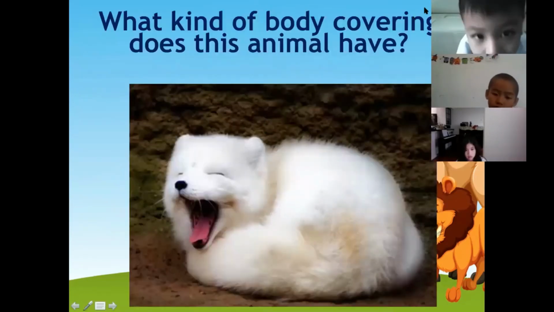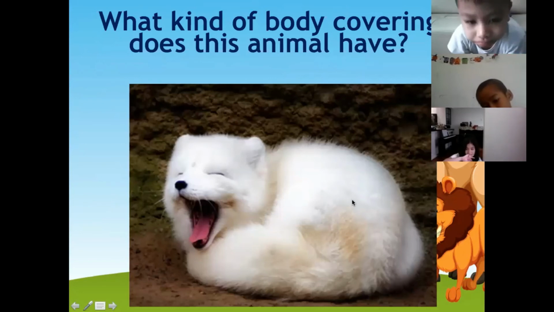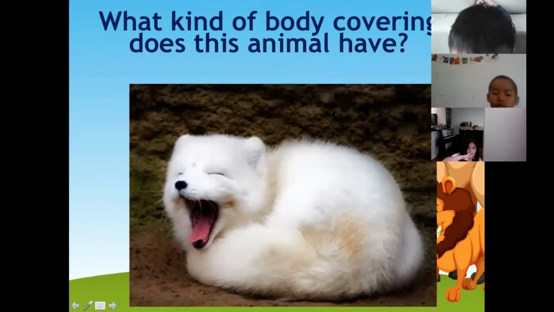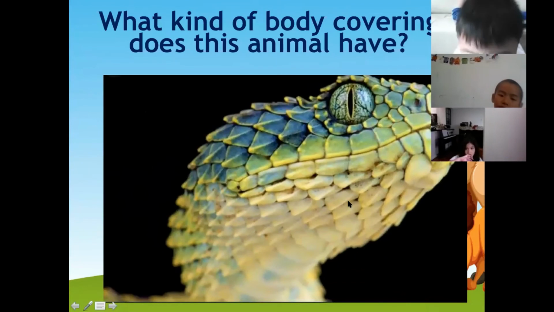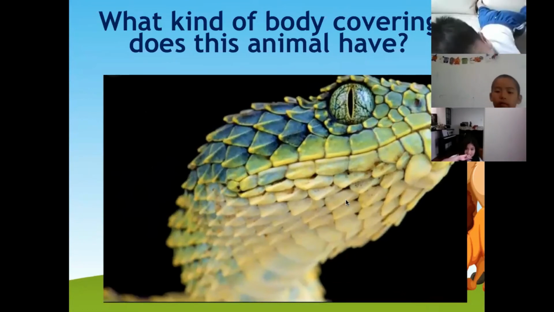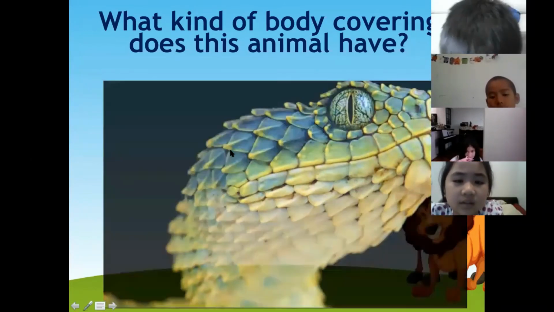So, what kind of body covering does this animal have? Let's say it on 3. 1, 2, 3. Good, fur. What about this animal? 1, 2, 3. Scales. Good job.